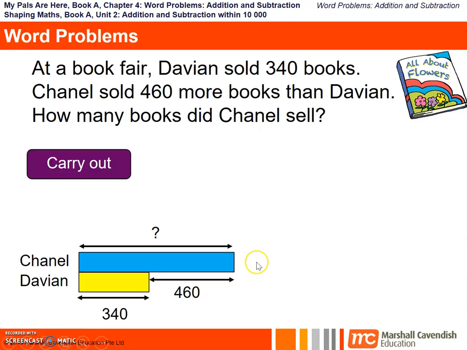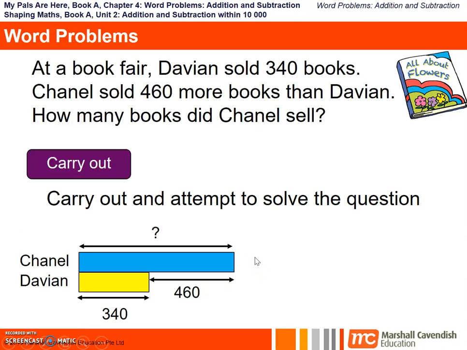Okay, let's carry it out. So first you have 340 plus 460. Why is that so? Yes, because we're trying to find how many books Chanel sold. And since Chanel sold 460 more books than Davian, it makes sense for us to add them up.